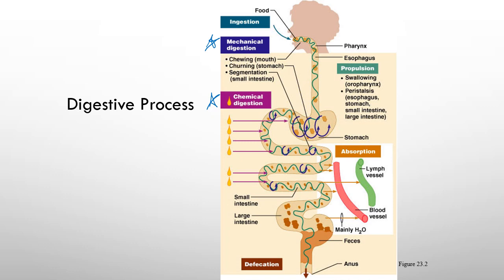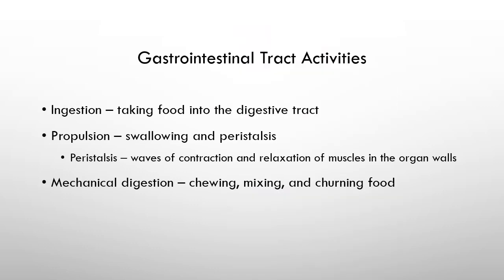So in places like the stomach, we're chemically breaking things down a little bit and also doing mechanical digestion at the same time. But overall, the actual majority of the breakdown is happening within the small intestines, and that is where we're also doing absorption. And then, as I said, whatever is left over, the waste products, are then eliminated as feces through defecation.